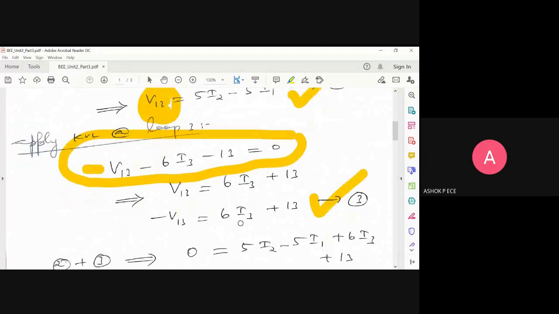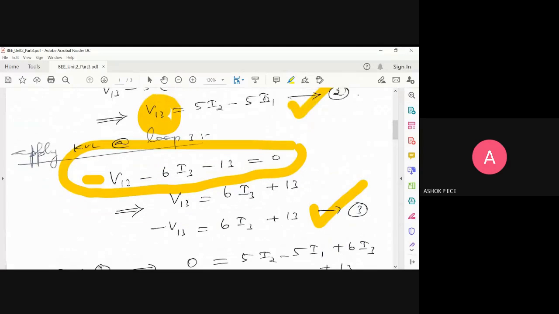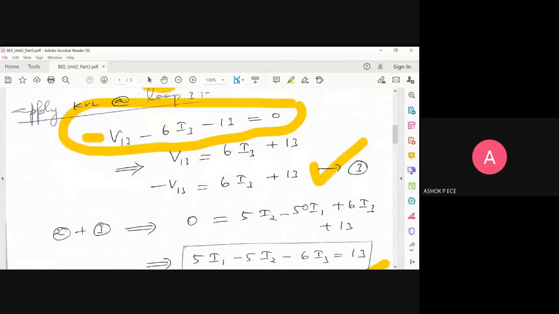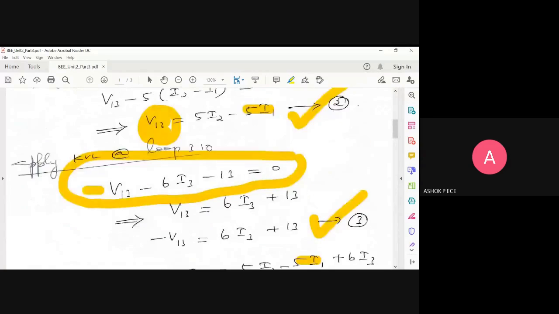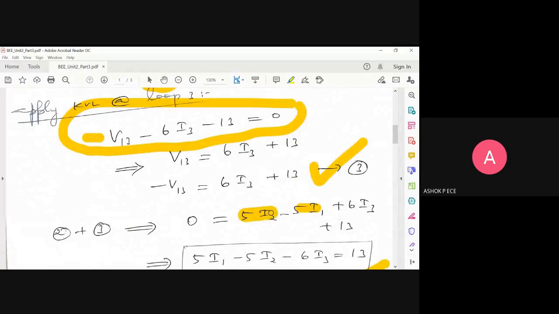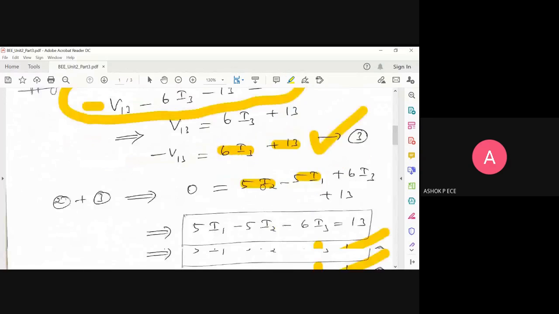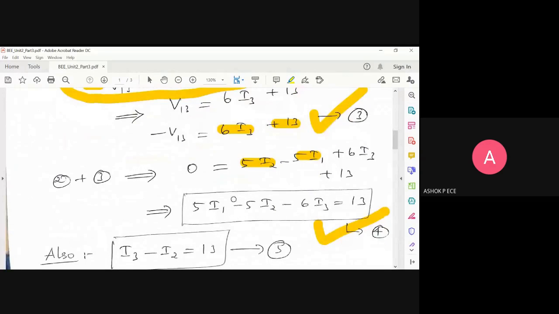So see, if I add both, our LHS is going to be 0. On the RHS, this 5I1 will be there, minus 5I1. The I2 terms, you see here, 5I2 will be there. 6I3 will be there, plus 13 will be there. So all the terms will be adding up, and if you rearrange, you get 5I1 minus 5I2 minus 6I3 equal to 13.